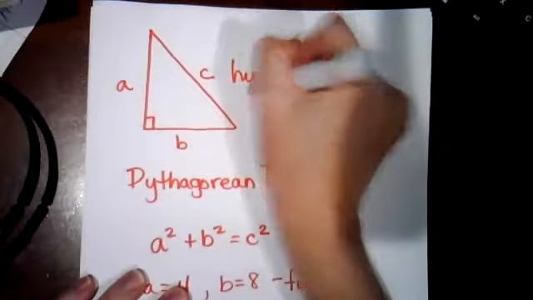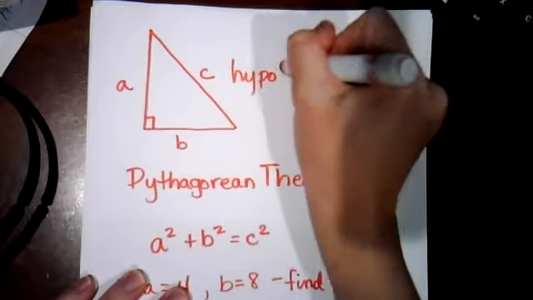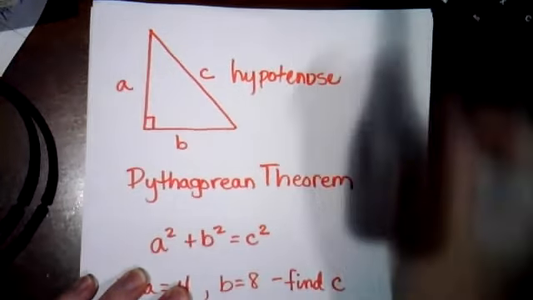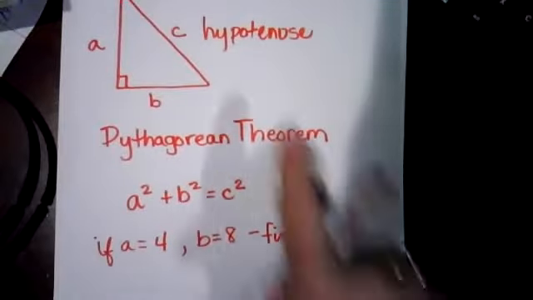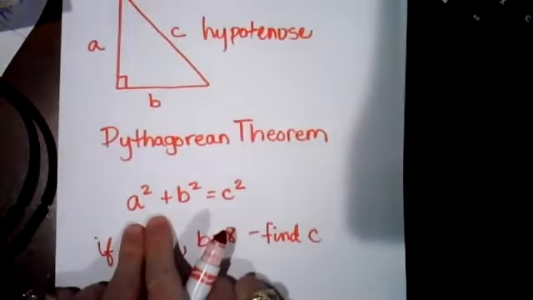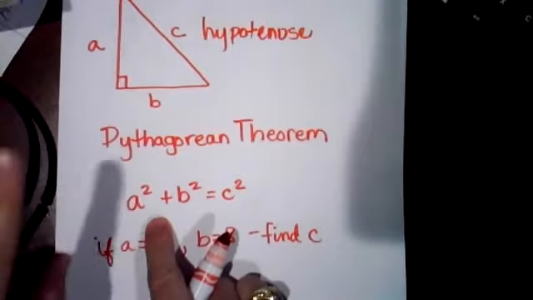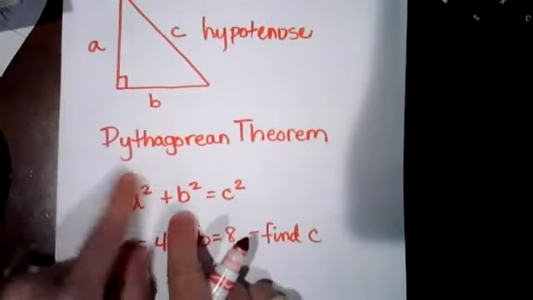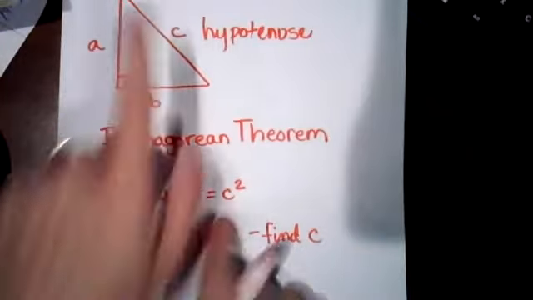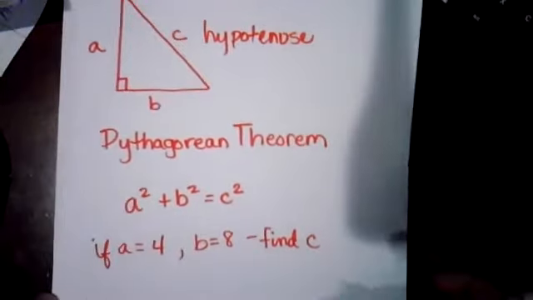And if you want to write hypotenuse right here, so you know this is key. Okay, that's a u, not whatever you think it looks like. All right, so we have a squared, the side right here, plus b squared, this side, equals c squared. This is always true in a right triangle.